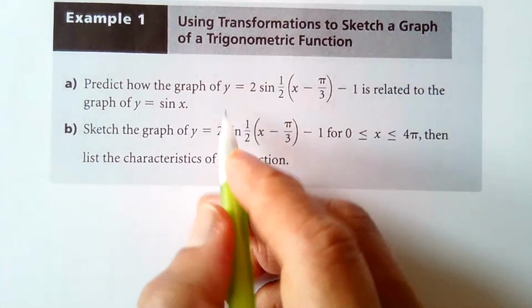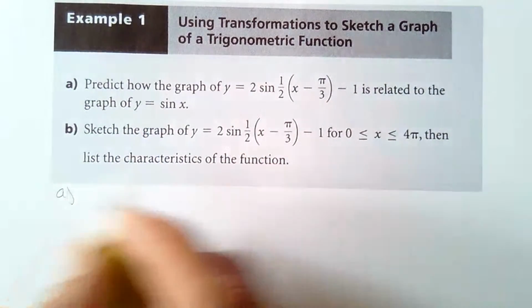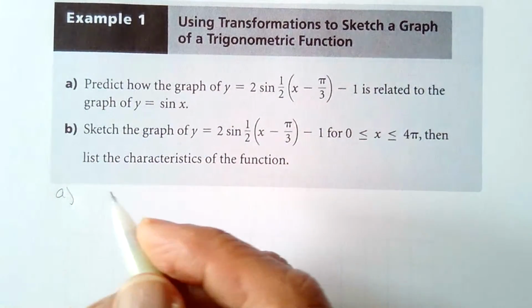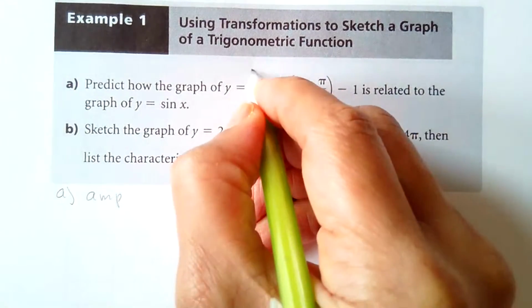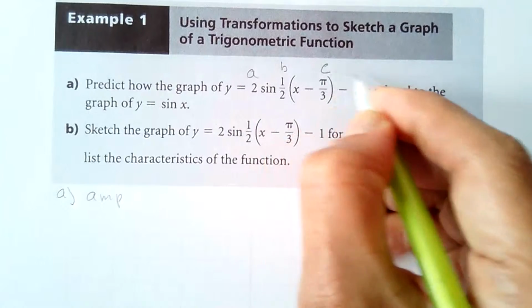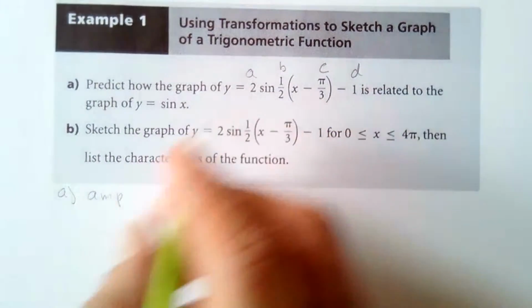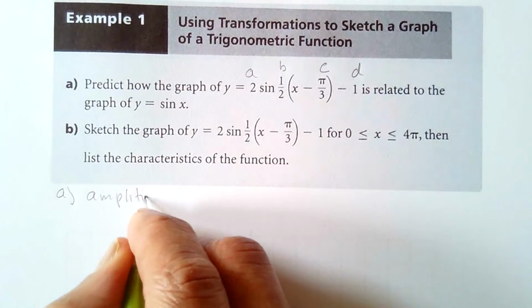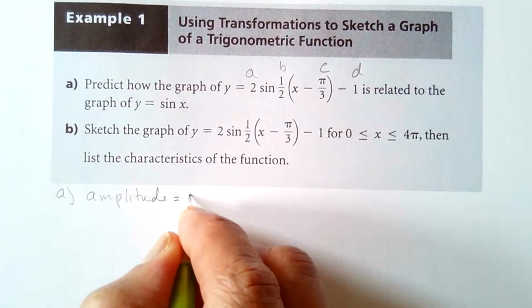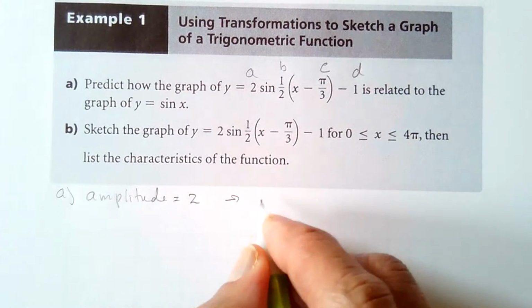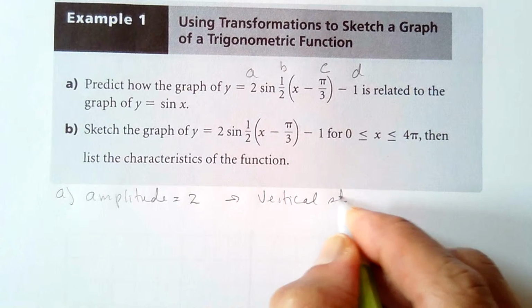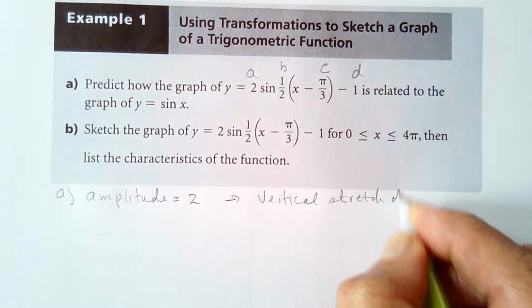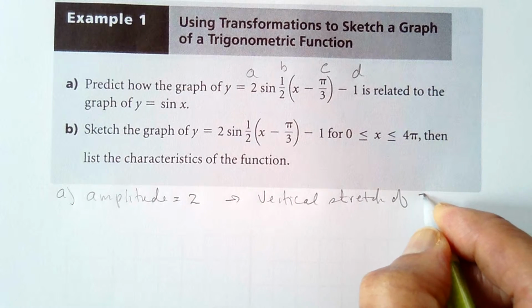So what do we have here? For A, we have an amplitude now, a vertical stretch with the amplitude. So this is your A, your B, your C, and D. So A is your amplitude, which is 2. So you have a vertical stretch of a factor of 2.